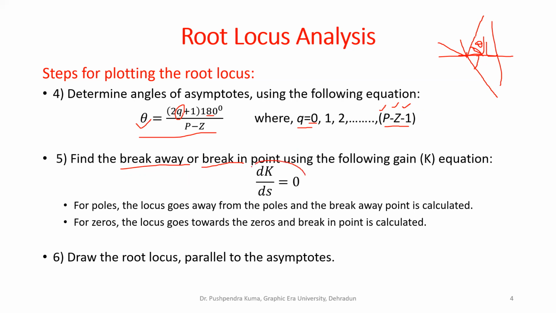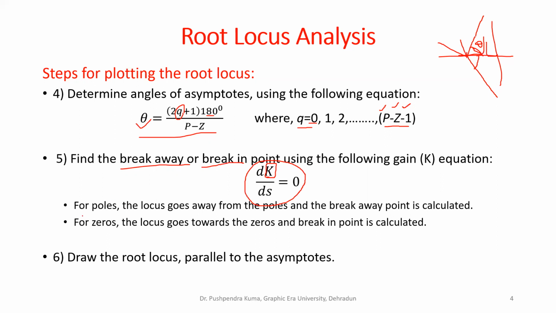For that, you calculate the gain k from your closed loop transfer function's characteristic equation, and then take the derivative of k with respect to the complex variable s. From this equation, you can calculate the breakaway or break-in point.